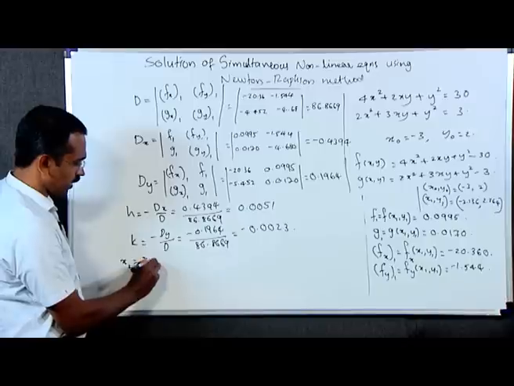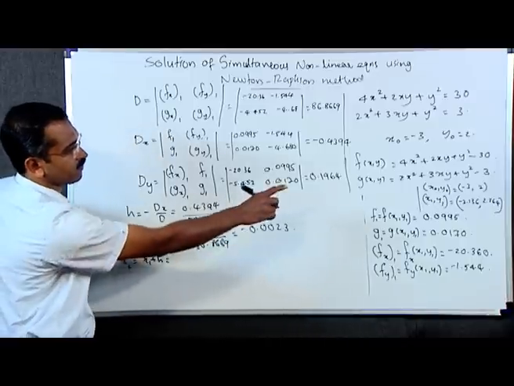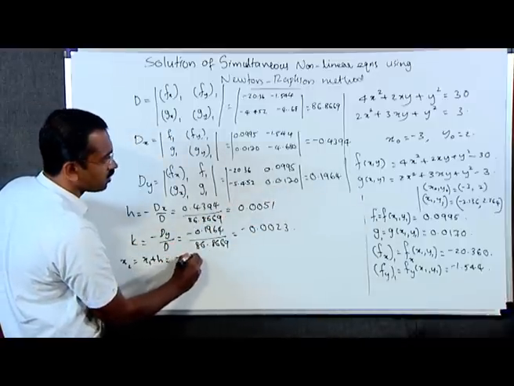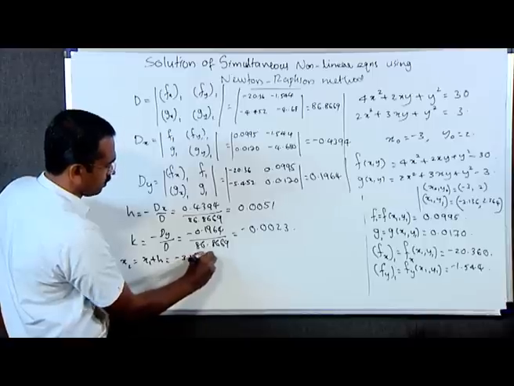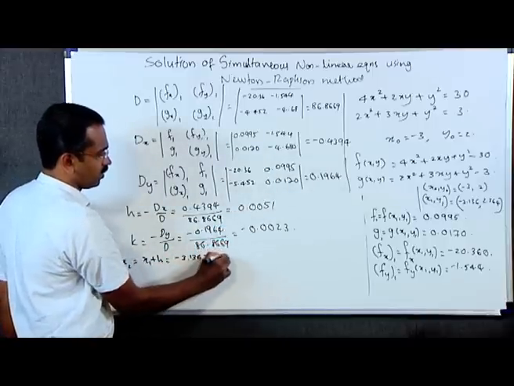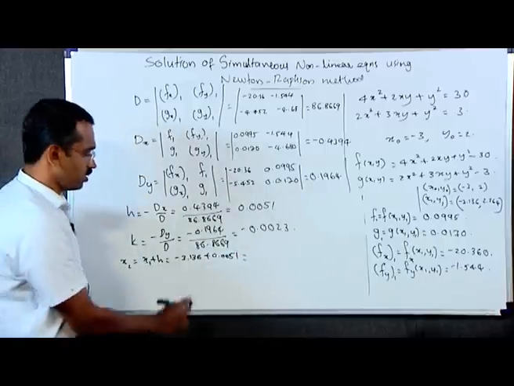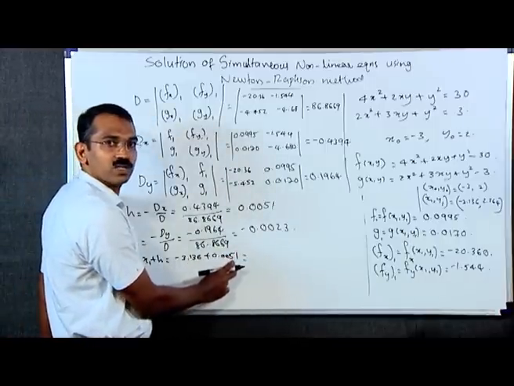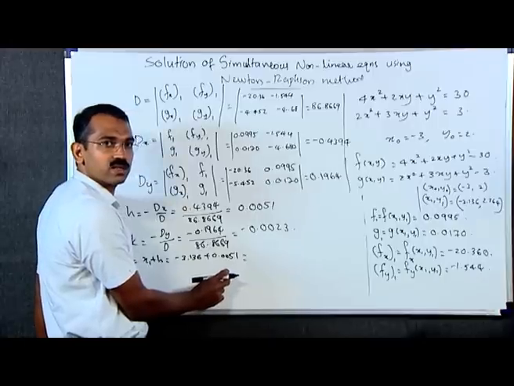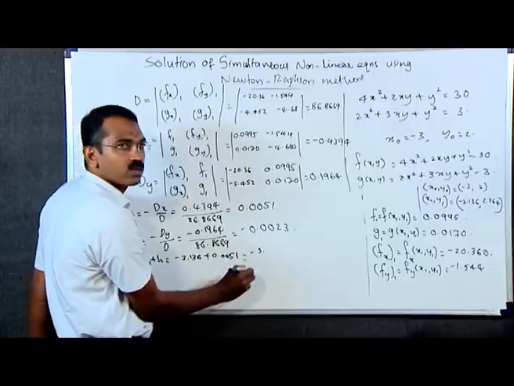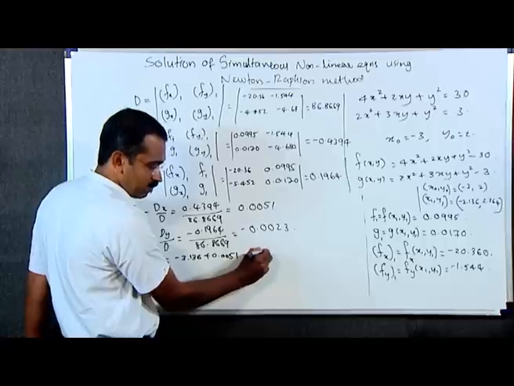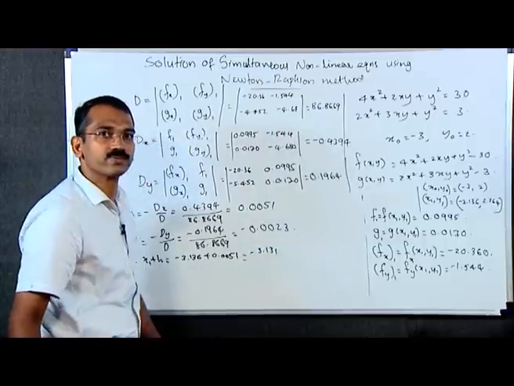Therefore, we can take a better approximation as x2 is equal to x1 plus h, that is minus 3.136 plus h, which is 0.0051, approximately equal to minus 3.131.